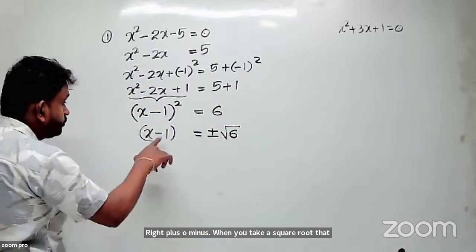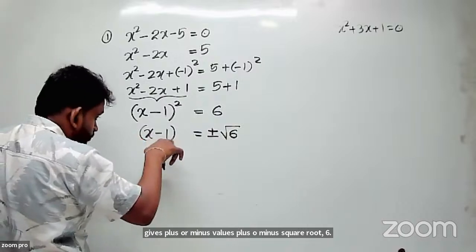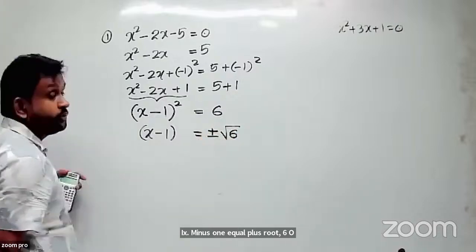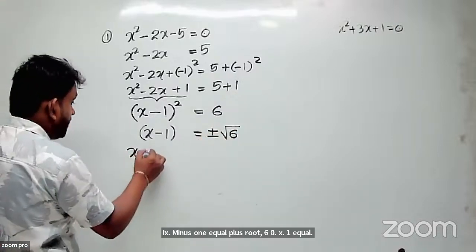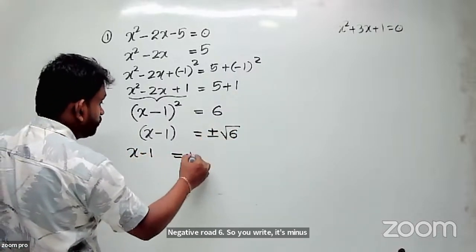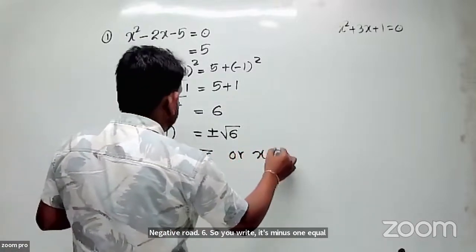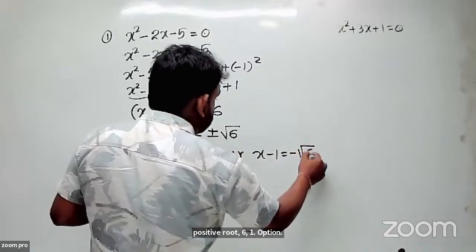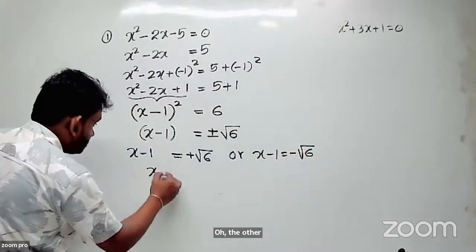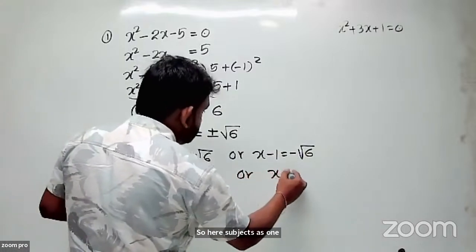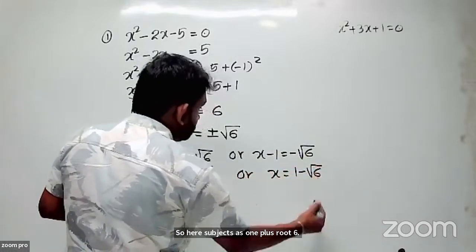Okay, now you have two options: either x minus 1 equals positive root 6, or x minus 1 equals negative root 6. So here make x the subject as 1 plus root 6, or here 1 minus root 6.